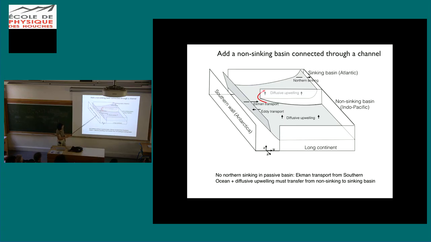So you can generalize that insightful model of Canadescent to have now two basins, assume that there's only one sinking, and then add this element of exchange of water, or rather transport of water from this non-sinking Indo-Pacific basin into the Atlantic.